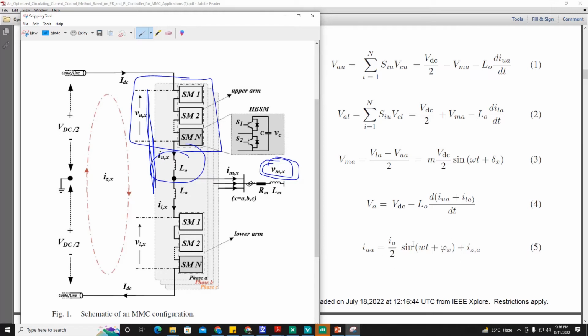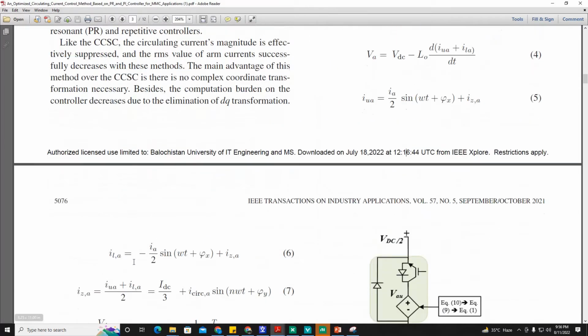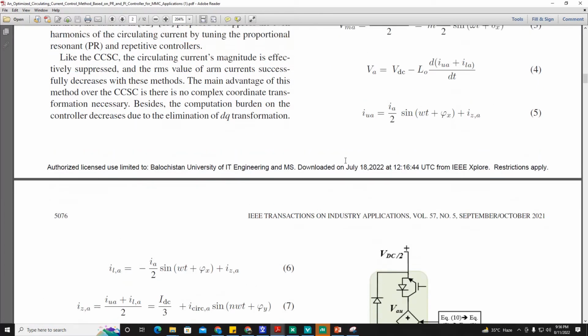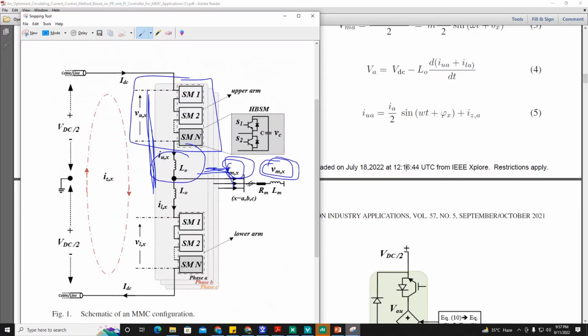So this is the common mode current: half of the fundamental current comes from the upper arm and half comes from the lower arm, and together it becomes IA, the terminal current of the inverter, the AC current. So IMX is the common mode current. This is desired. And IZA similarly for the lower arm, the sign changes: minus the fundamental current IA by 2 sin(omega t plus phi x), plus IZA, the differential current.